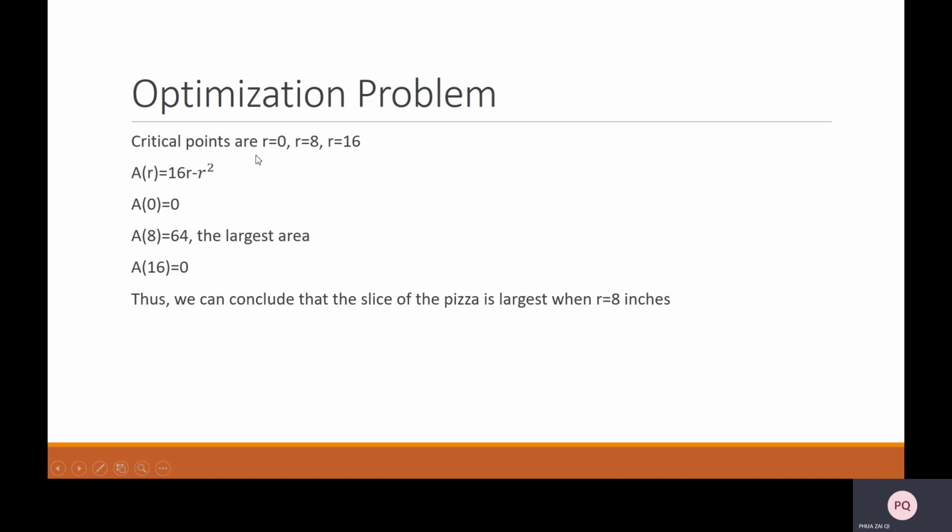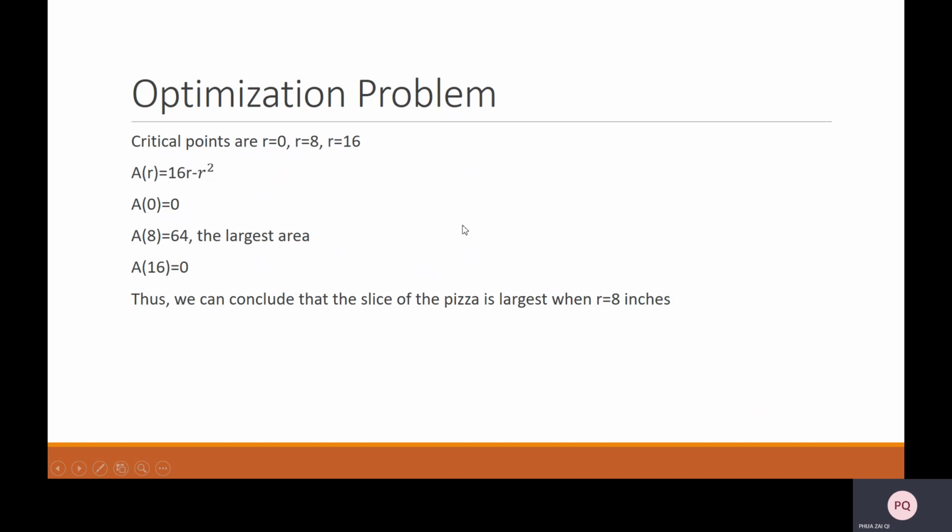By using a calculator, we can easily calculate that the area when the radius equals 0 is 0, the area when the radius equals 8 is 64, and the area when the radius equals 16 is 0. Obviously, we can see that 64 is the largest area that we can obtain. Thus, we can conclude that the slice of the pizza is the largest when r equals 8 inches.